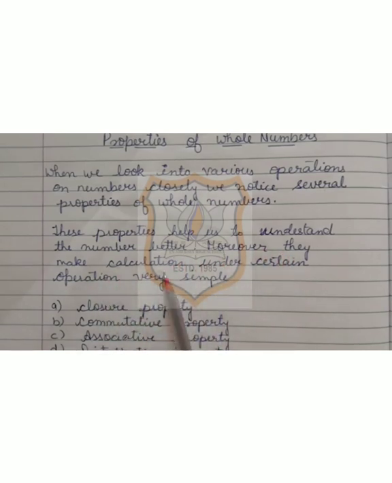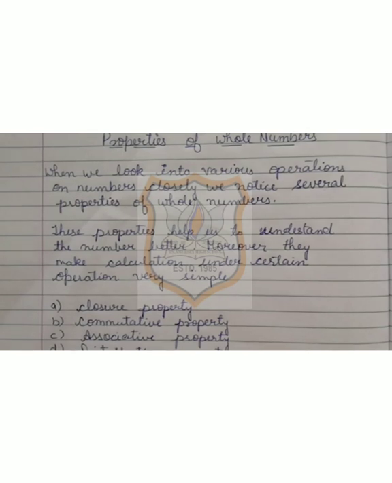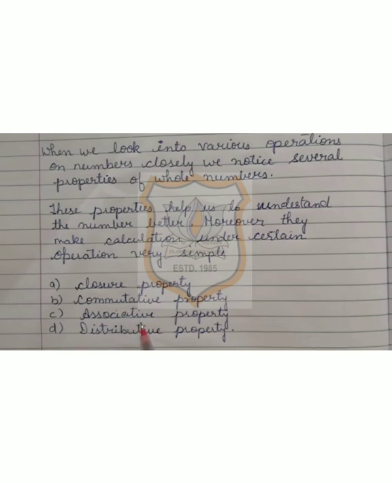Moreover, they make the calculation under certain operations very simple, and due to the use of various properties, the calculation becomes very simple. So there are 4 properties which we will be learning in this chapter. A. Closure property. B. Commutative property. C. Associative or associativity property. D. Distributive or distributivity property.